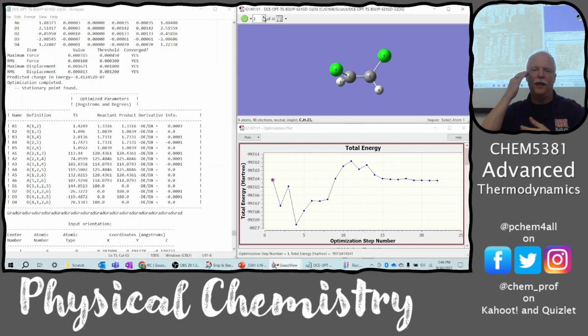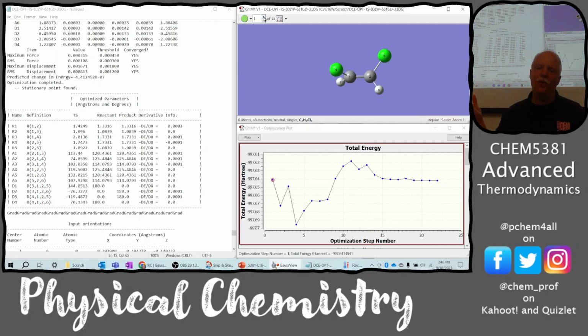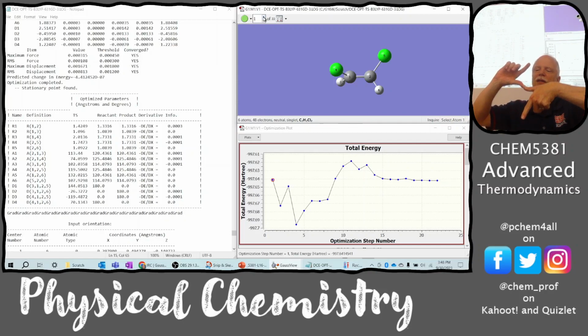And it didn't, well, it may have worked, but it wasn't exactly what we expect. We expect this nice, smooth transition where 90 degrees is the high energy point. But if I build this molecule with that chlorine at 90 degrees and the hydrogen pointing down, it may not want to stay there. It may relax and go all kinds of different ways.